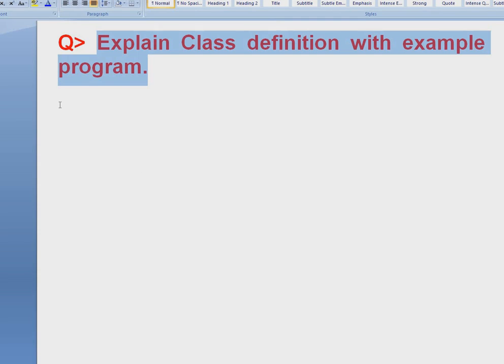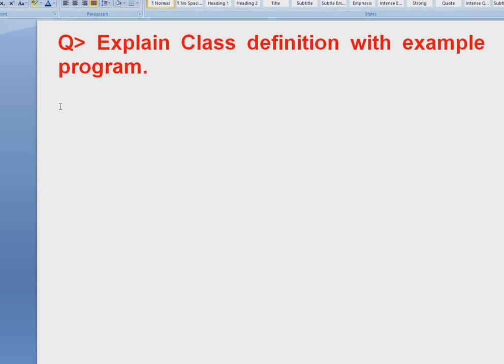Now we will write a C++ program using classes and objects. First I will write a comment line here: C++ program to calculate simple interest.